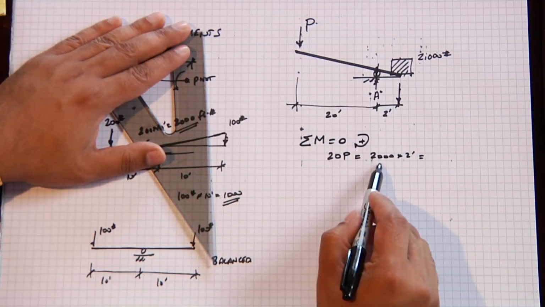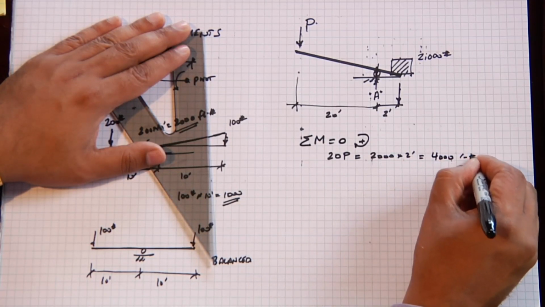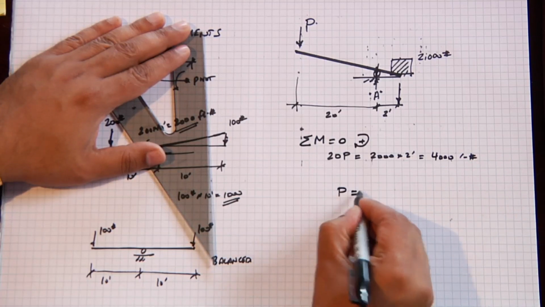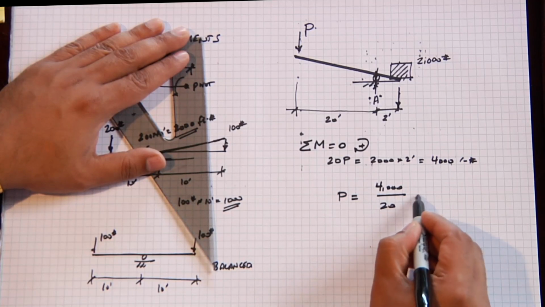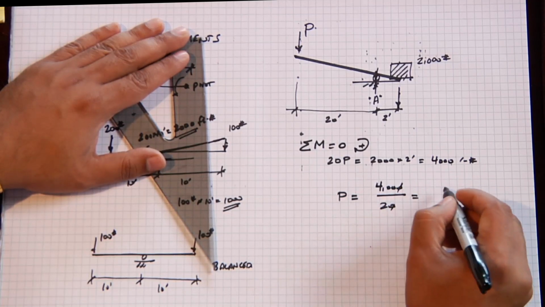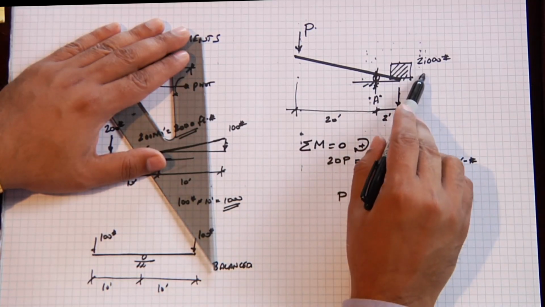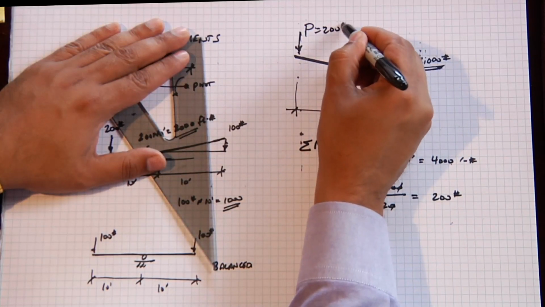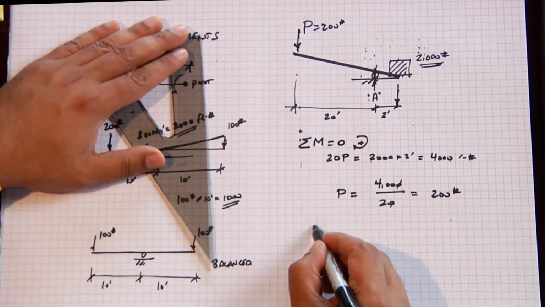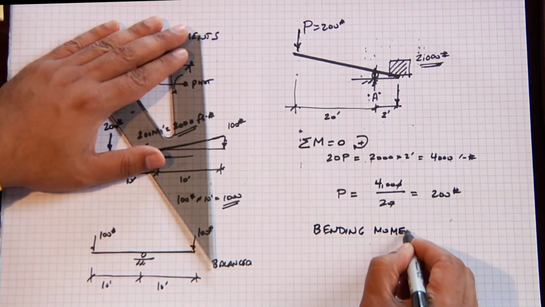So 20P is equal to 2,000 times 2, which is 4,000 foot-pounds. So P, in order to lift that weight, would be 4,000 divided by 20, which is 200 pounds. That means I can lift a weight of 2,000 pounds by applying a 200-pound force 20 feet away. That's the concept of bending moment, also known as the principle of leverage.